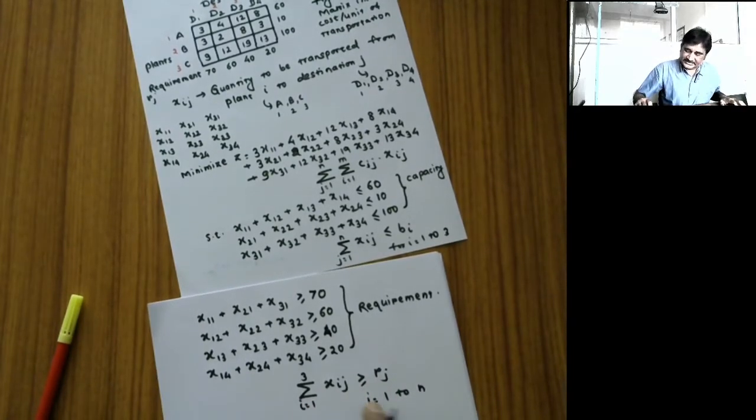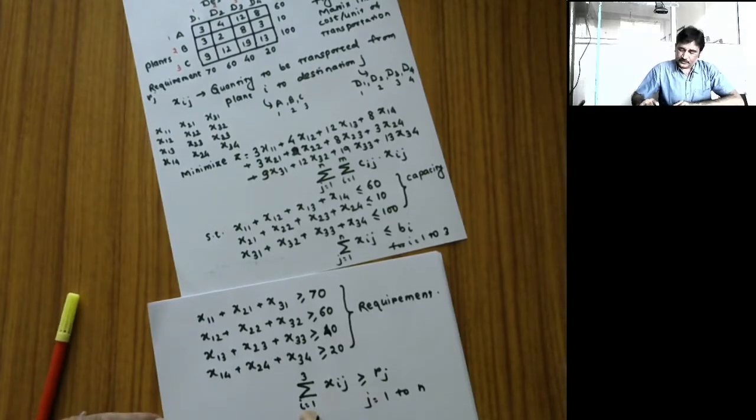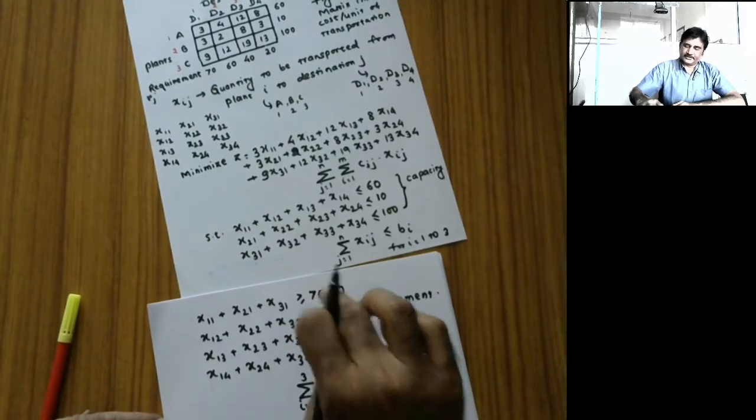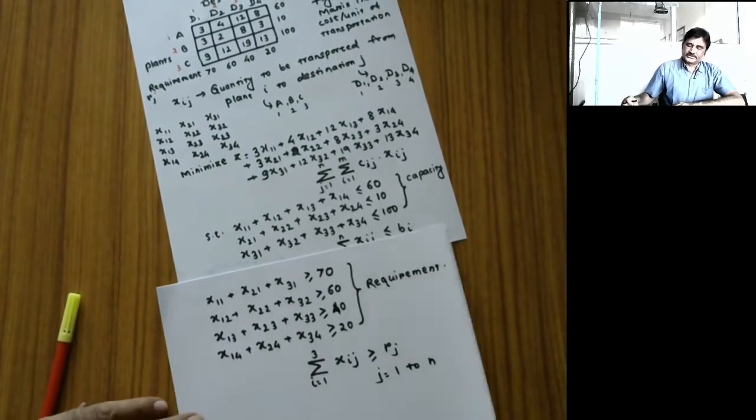I am setting j equal to 1, and the summation therefore will be x11 plus x21 plus x31 greater than or equal to r1, which is 70.